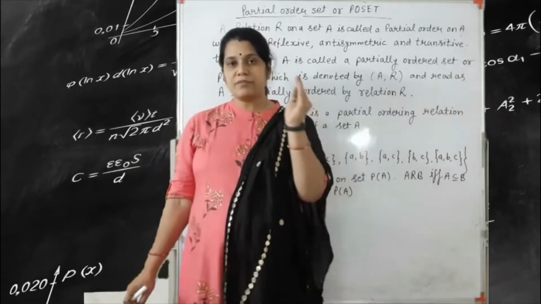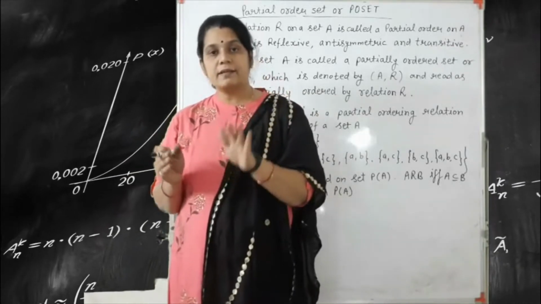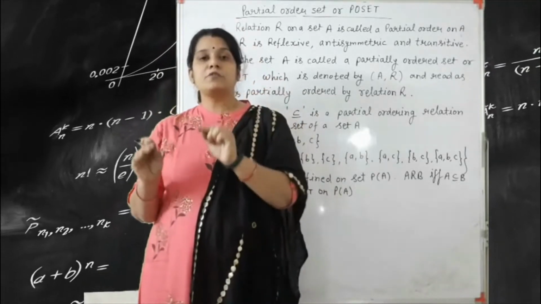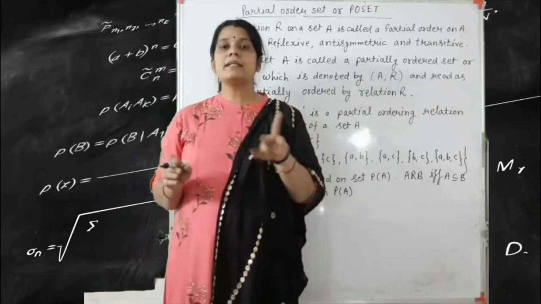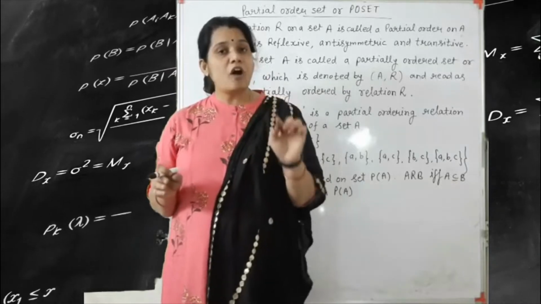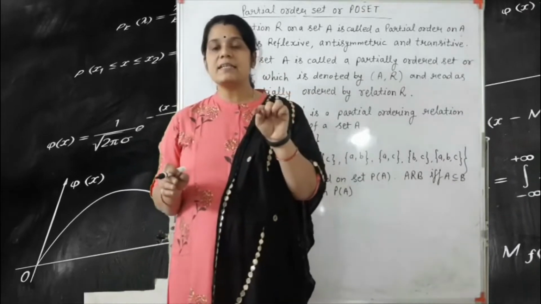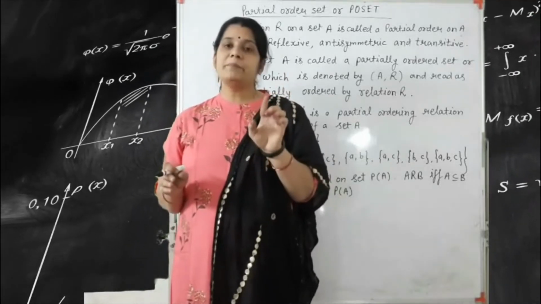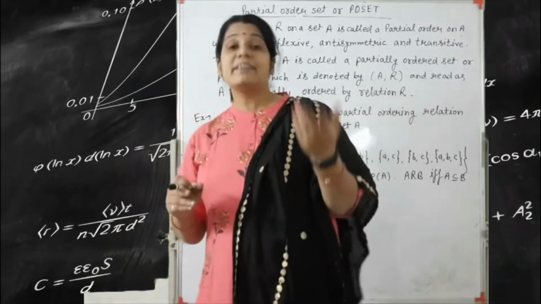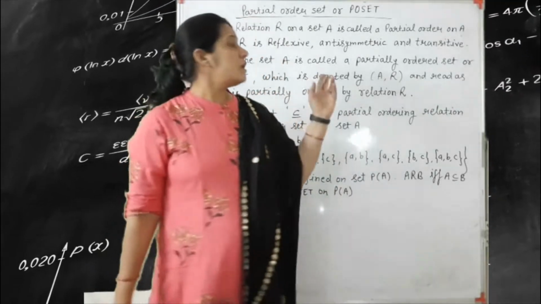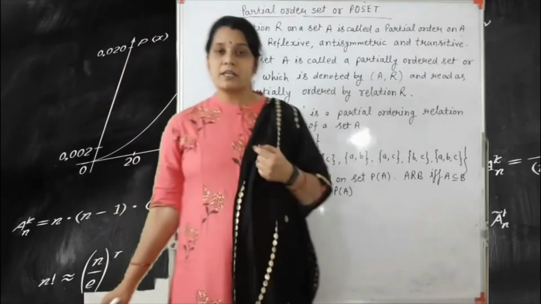First, if A related to B and B related to A, then A is equal to B. Or second, you find if A related to B, then B not related to A. I think the second one is very easy. If A related to B and B not related to A, then we can say that this relation is an antisymmetric relation.